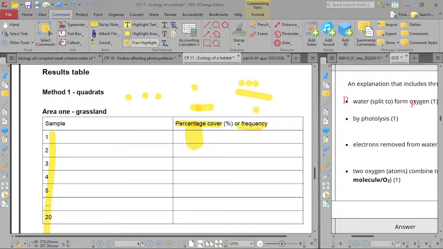So for species frequency, if I did 20 quadrats, I would have to divide by 20.